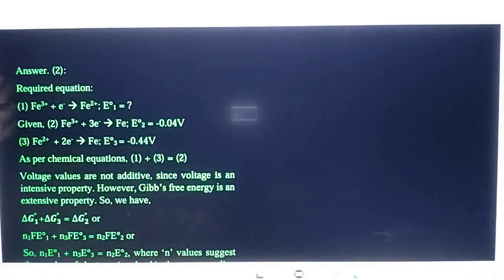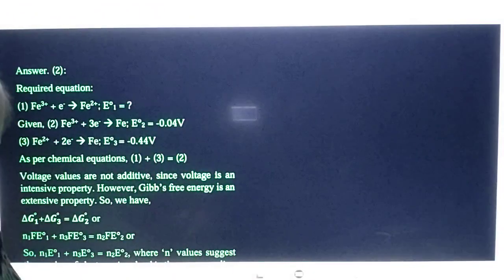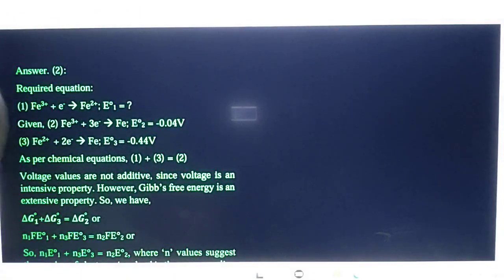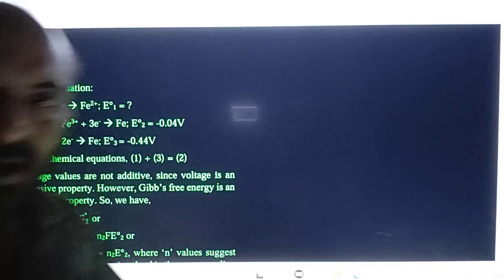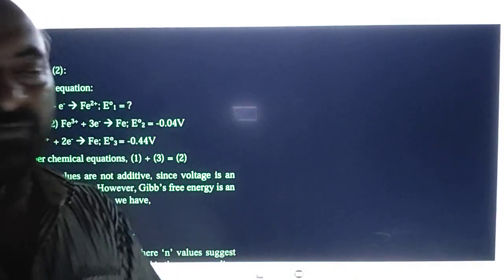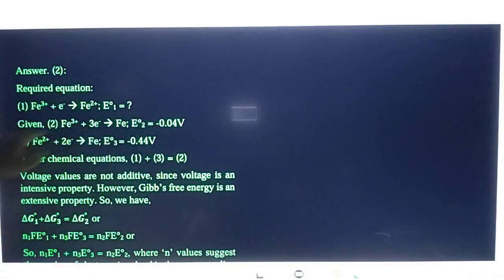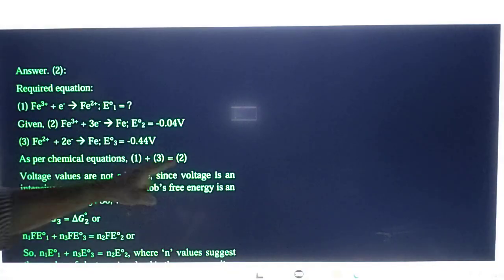If you verify equations 1, 2 and 3, you can see that chemical equation 1 plus chemical equation 3 will give you chemical equation 2, after the cancellation of Fe2+, which is common.